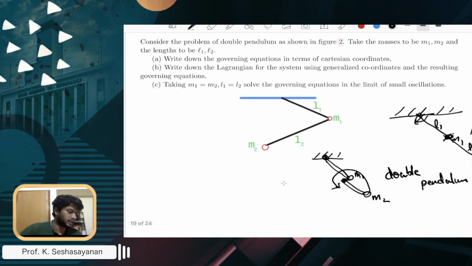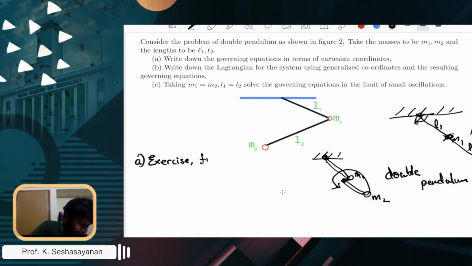So this is the part which is an exercise: to find the equations of motion in Newtonian mechanics.